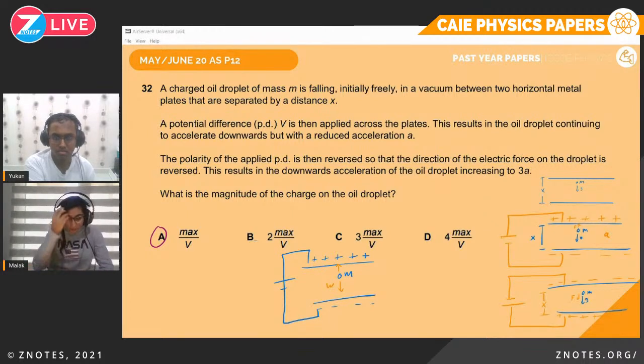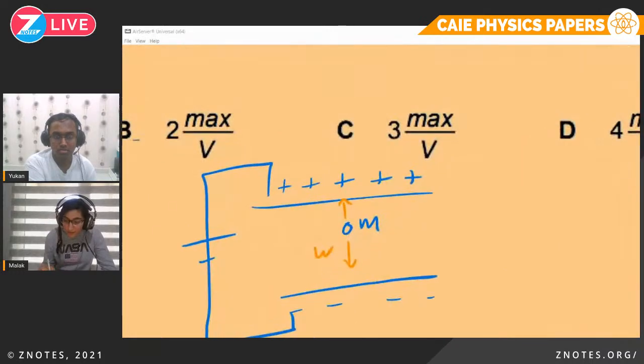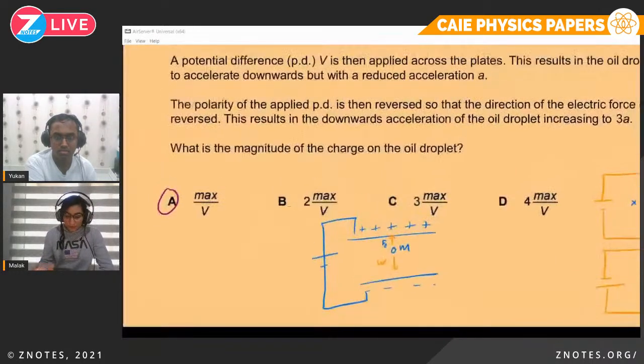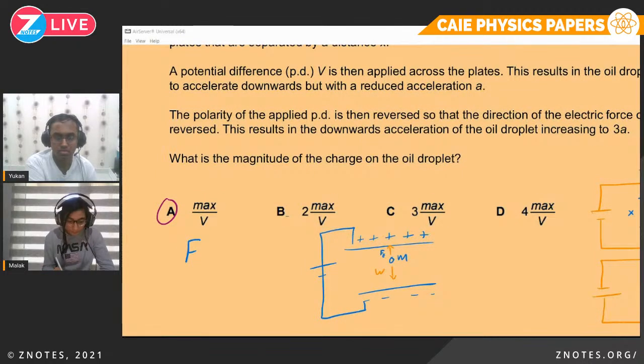This means right now that F, let's call this F_E, is equal to W, correct?